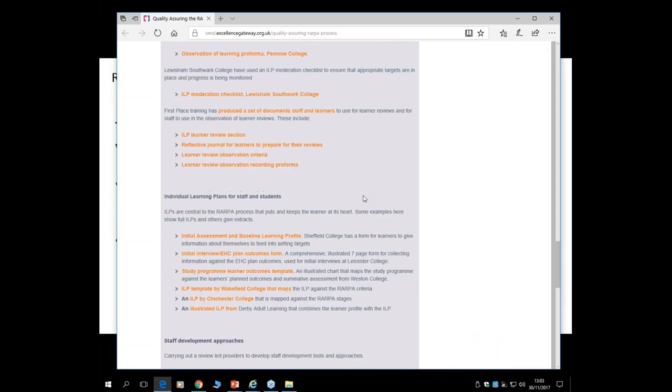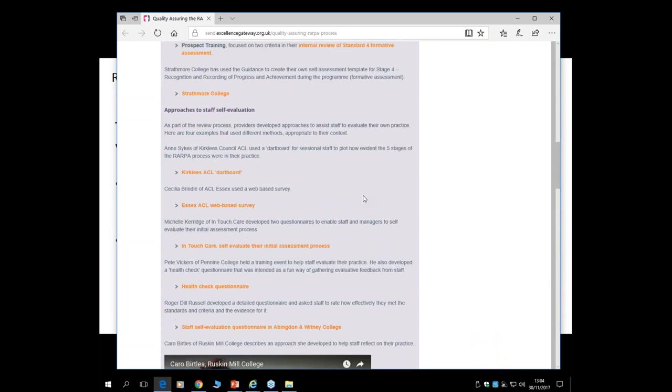There are some tools down here that will help you look for more information on RARPA. There's a lot on your moderation processes, looking through the stages, and just to give you different ideas to some of the ones that I've given you here.